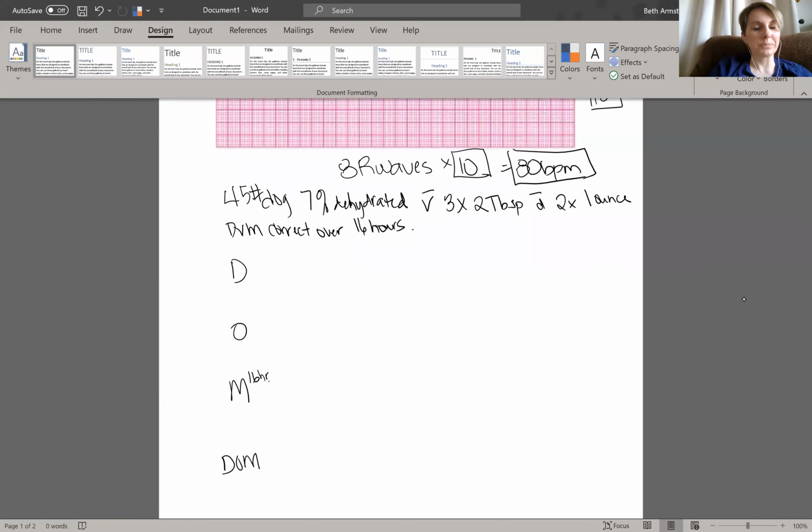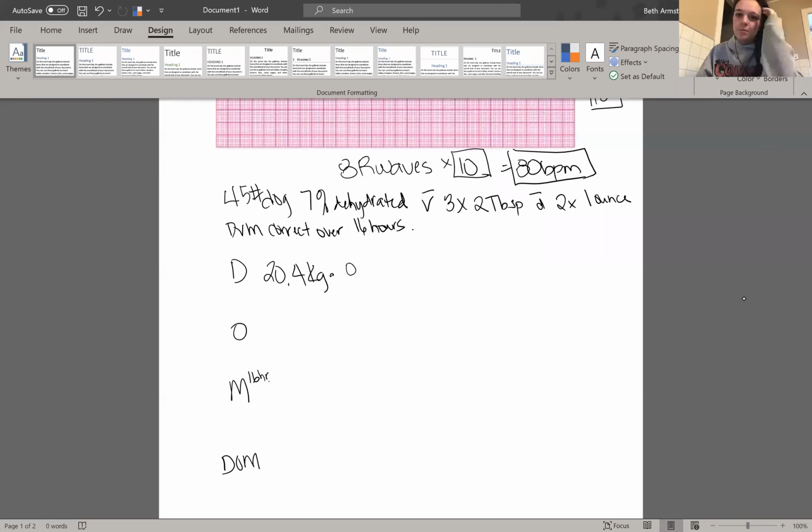That's like our easy one. So how much does our patient weigh in kilograms? 20.4. Perfect. So 20.4 kilograms. And so how do we do our dehydration then? Kilograms times 7 as a decimal.